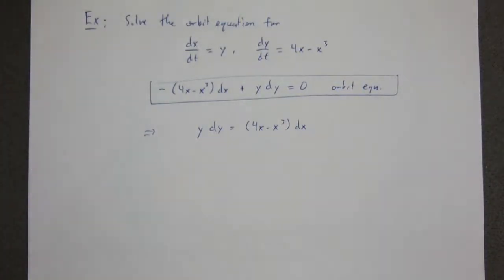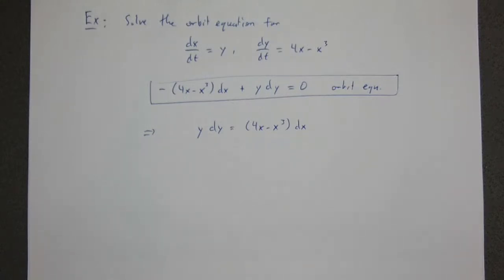Now, this is not always going to happen. In fact, in a typical problem, this won't happen. But we have a particularly nice thing where the variables are separated, and they're separated in the right way, so each multiplies the dx or dy that it depends on. So we got really lucky here.